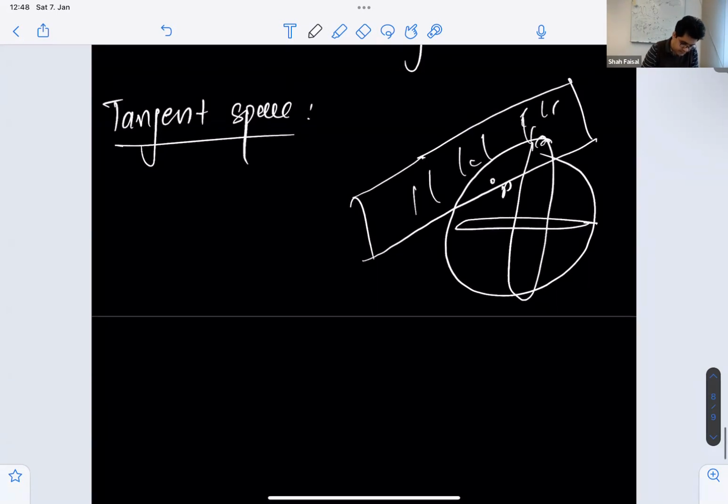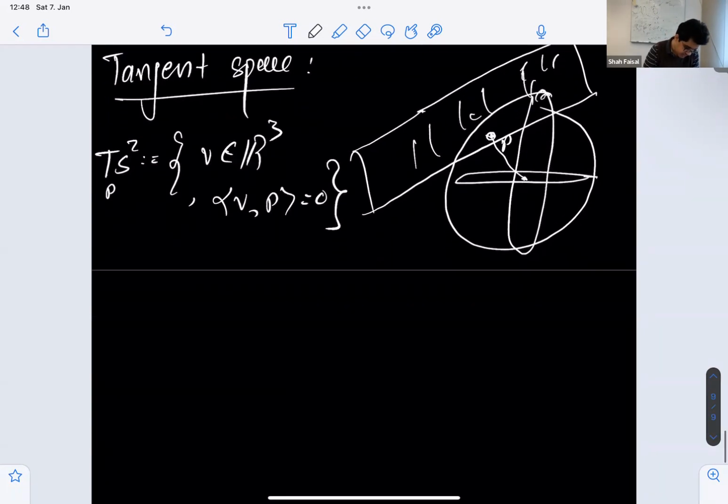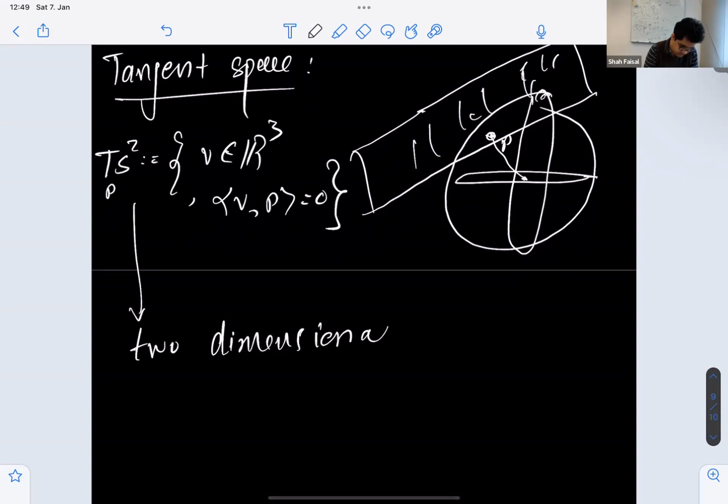Let's denote it by the tangent space at P to the sphere. This is basically the vectors in R3 which are orthogonal to the vector P, so vectors V such that the dot product of V and P vanishes. This is a 2-dimensional vector space.